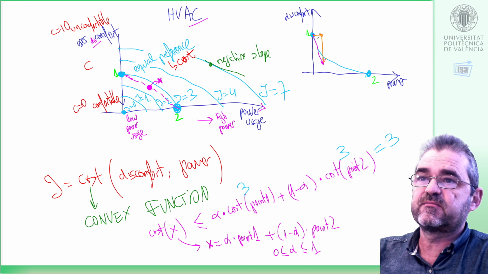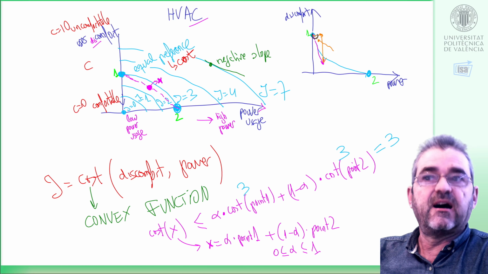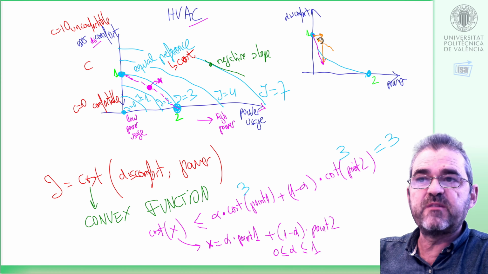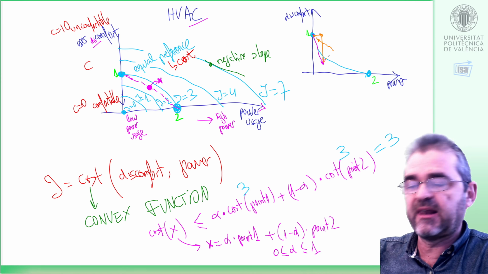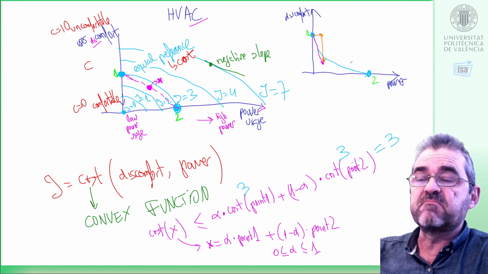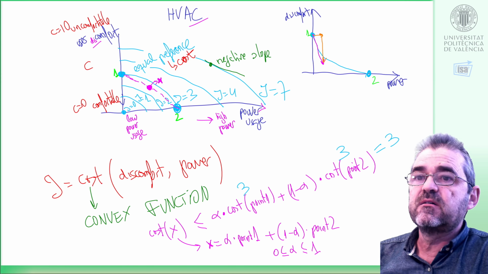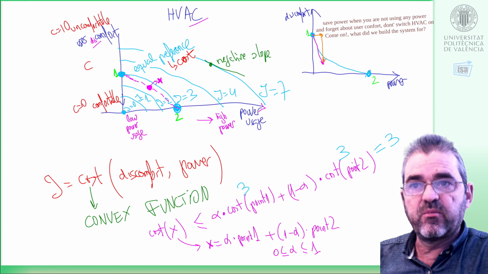So for instance, this point, which has a lower slope, will not be preferable to those on the blue line. What does this mean? Well, still nothing until I compare with the other point.